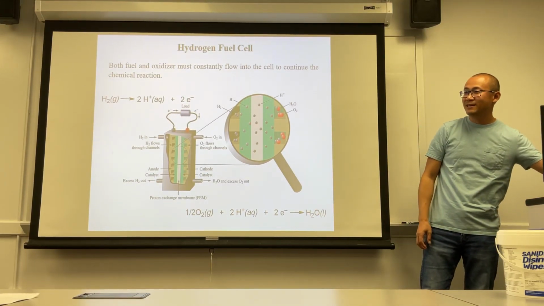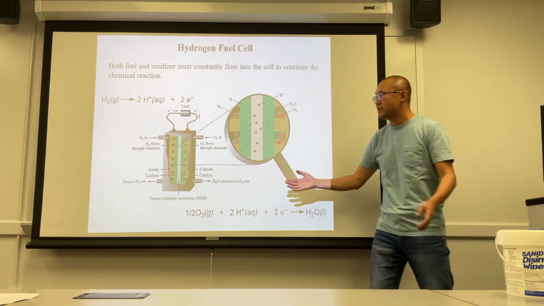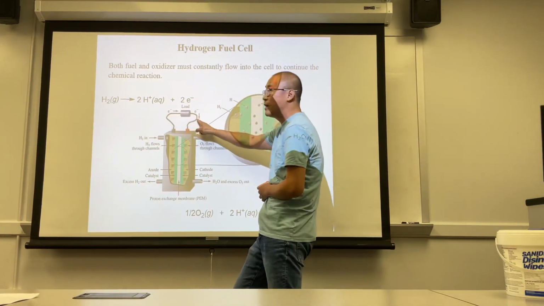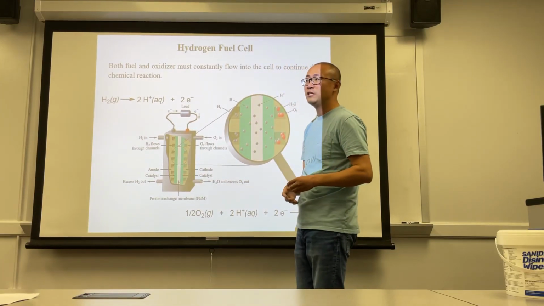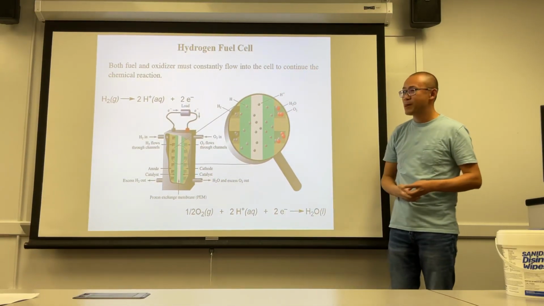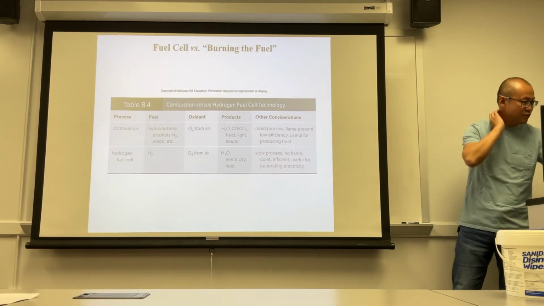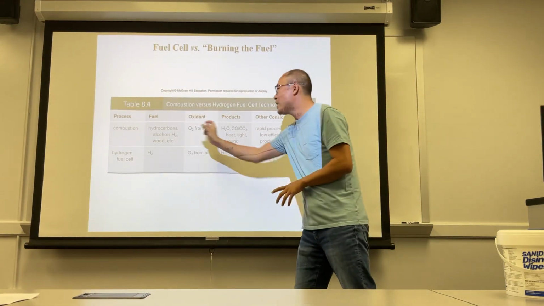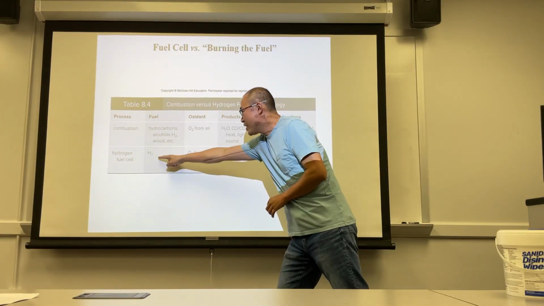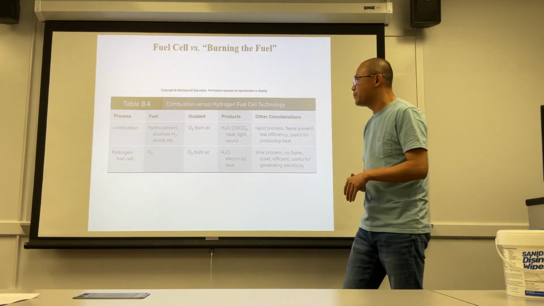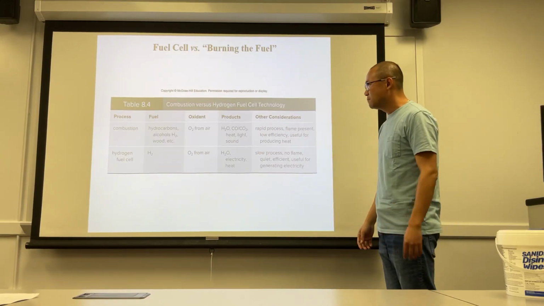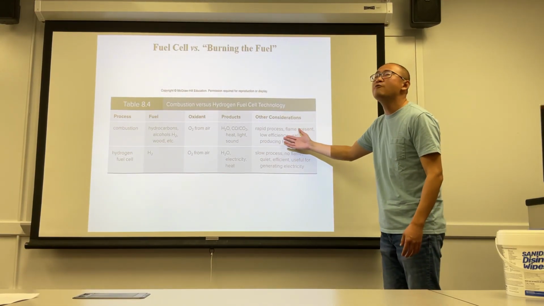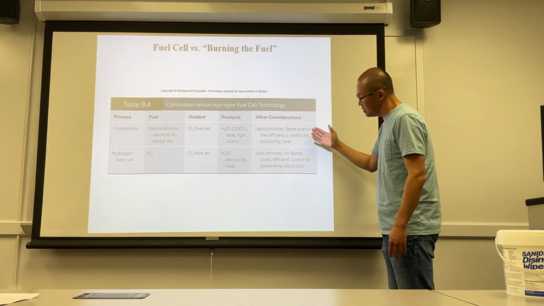Okay, this is what happens inside a hydrogen fuel cell. Does it make sense? You can see that through this process, if you keep pumping hydrogen and oxygen, you can keep generating electricity. This chart shows, like I mentioned, the difference between burning hydrogen and burning hydrogen inside a fuel cell. Burning is a very rapid process. It has flame.